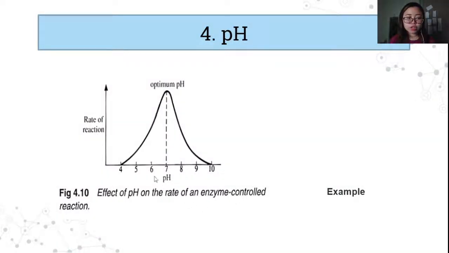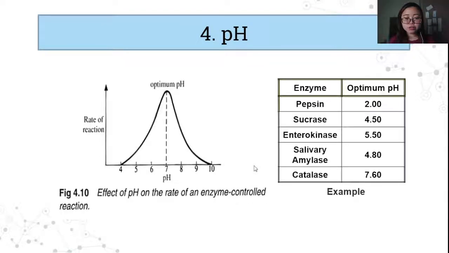So this is shown over here, the graph of the effect of pH on the rate of an enzyme controlled reaction. And here is a table showing examples of enzymes and also their optimum pH. Once again, these are enzymes that we can find in humans and most mammals. So we have pepsin at optimum pH of 2, sucrase at optimum pH of 4.5, enterokinase at optimum pH of 5.5, salivary amylase at optimum pH of 4.8, catalase at optimum pH of 7.6.